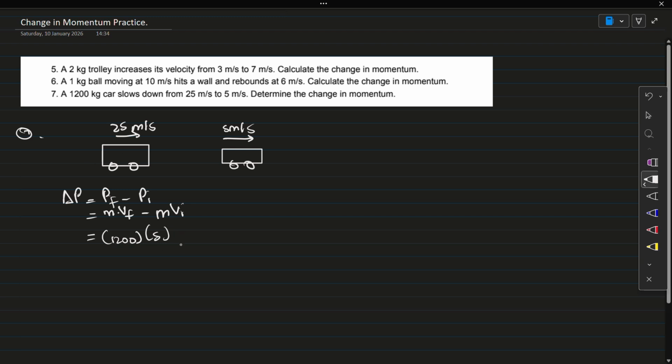Then mass, which is still 1200, multiplied by the initial velocity, which is 25. So 1200 multiplied by 5 is 6000, minus 1200 multiplied by 25, which is 30,000.